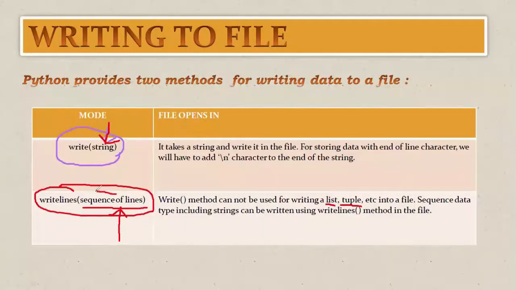We know the sequence data types since class 11: list, tuple, etc. So if we would like to add a list or tuple or string or dictionary in a file, then we need to use the function writelines. Otherwise, in general, we can use the write method.